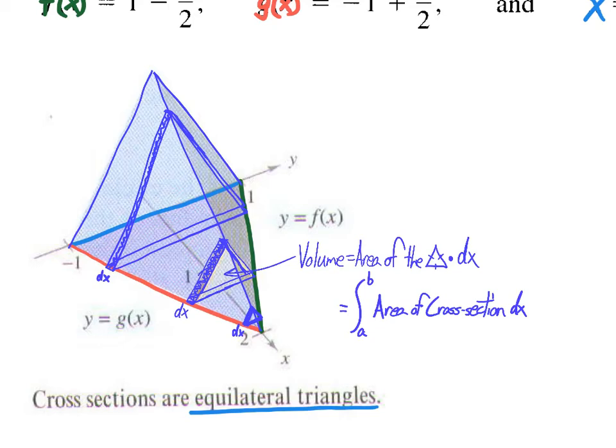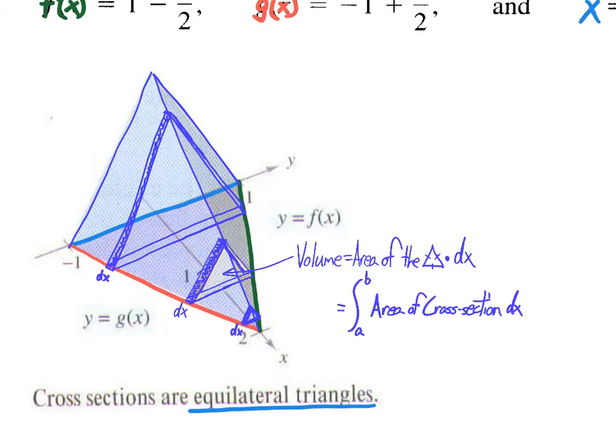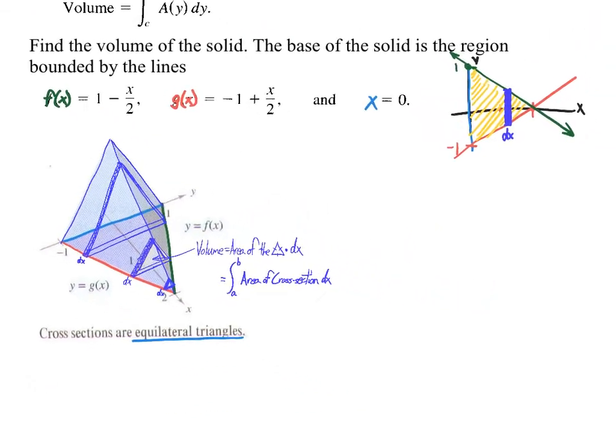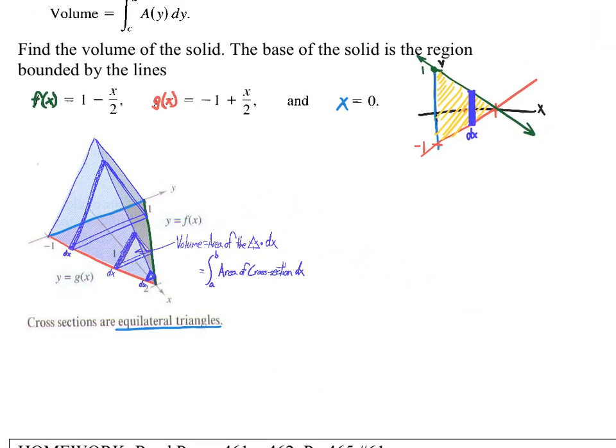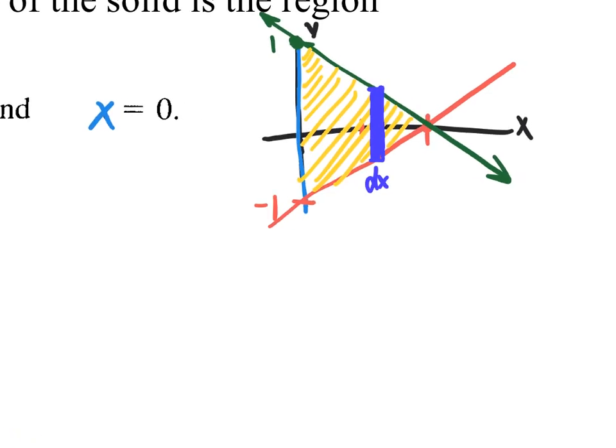Now, let's look at it specifically with this function here. I first of all want to come back up here and look at what the height of this is going to be. How long is that rectangle? It's not just f of x.